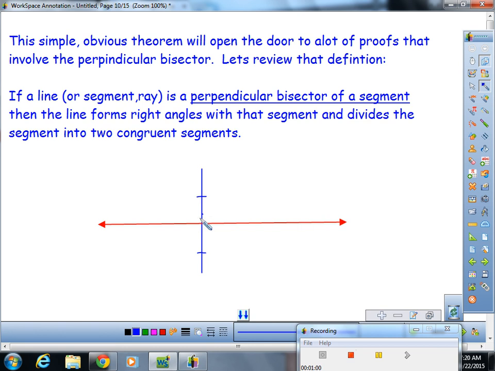Or which colored object, I should say? Jack? The red object is the perpendicular bisector. Does that make sense? So the blue object, which is a segment, has been bisected at a perpendicular. Do you get that? Okay, we once learned that, but it's a really important thing to grasp as we move forward. We're going to do one proof with this, and that'll be the whole lecture for today.